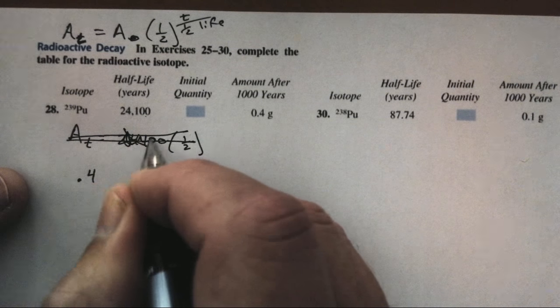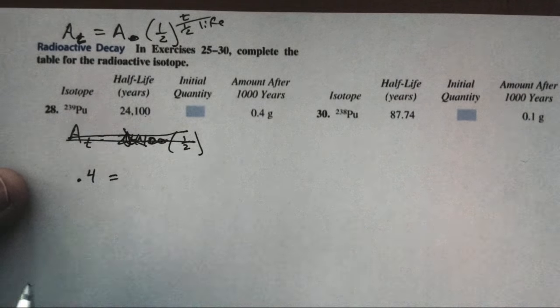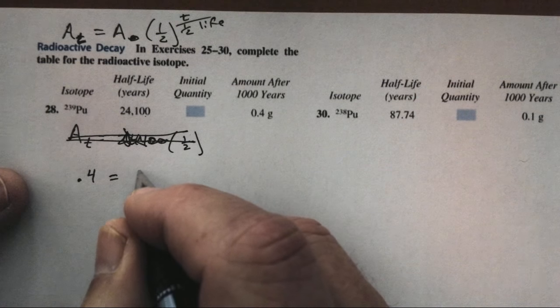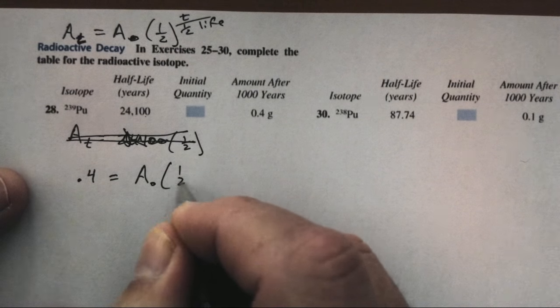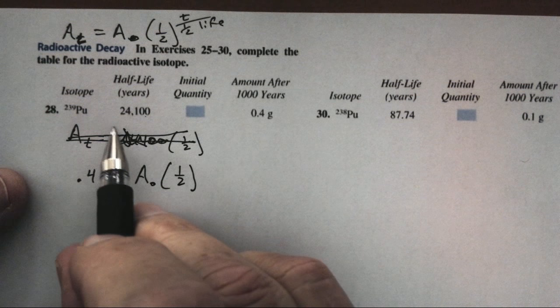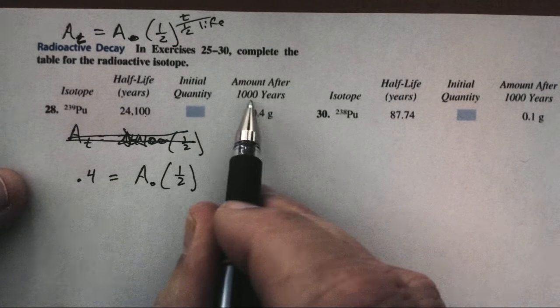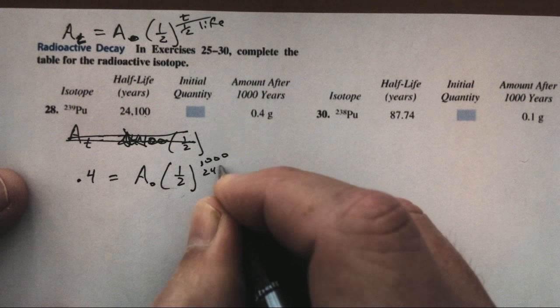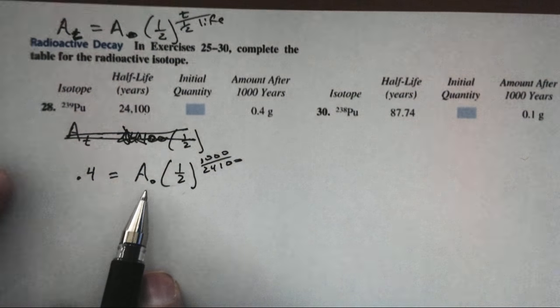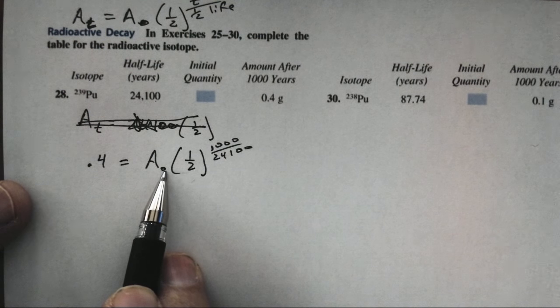That was totally wrong. And we don't know what we started with, so that's amount at time 0. You can just use A there if you'd like. Multiply by 1/2. We do know it took 1,000 years, and we do know the half-life is 24,100. And we just need to solve for A naught, or the initial amount.